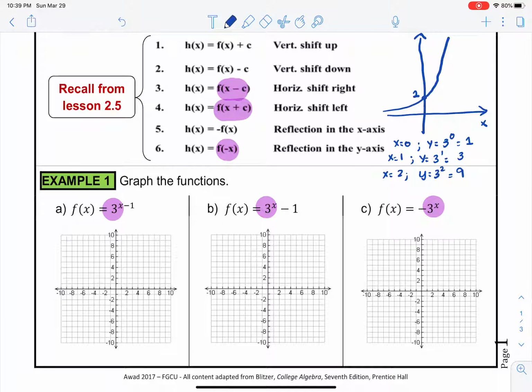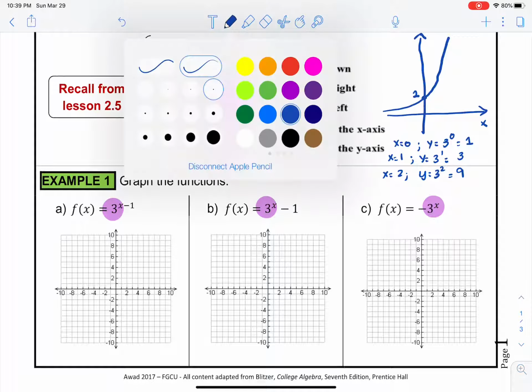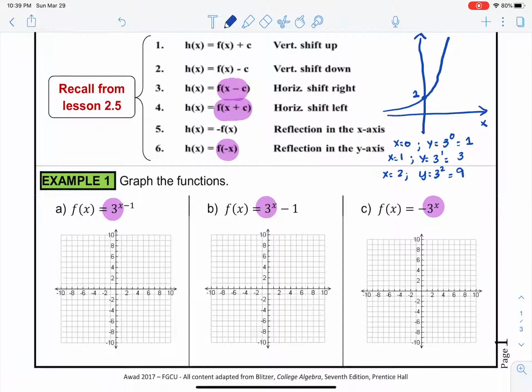So in the first problem, we are subtracting 1 from x, which would imply that the function is going to shift to the right by 1 unit. So we know the base graph is 1 when x is 0, y is 3 when x is 1, and y is 9 when x is 2.